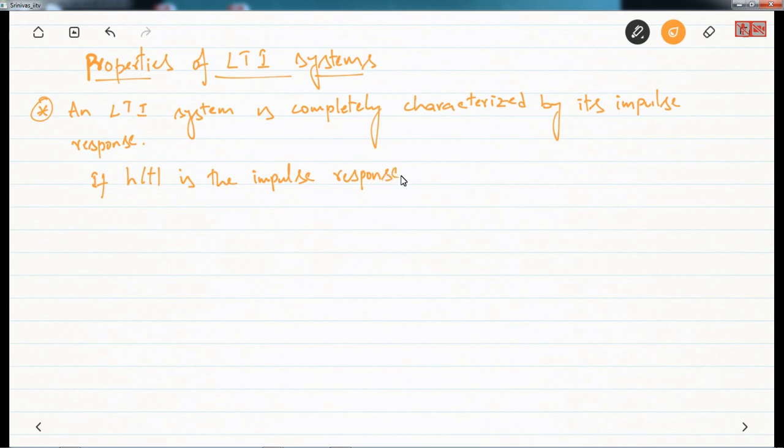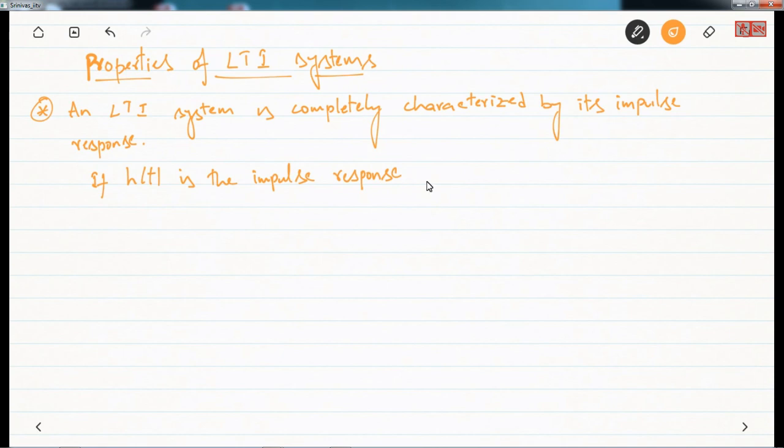What is impulse response? The response produced by the system when a unit impulse is the input. So if you give delta of t as the input to the system, and the system produces an output h of t, then h of t is called the impulse response of the system.